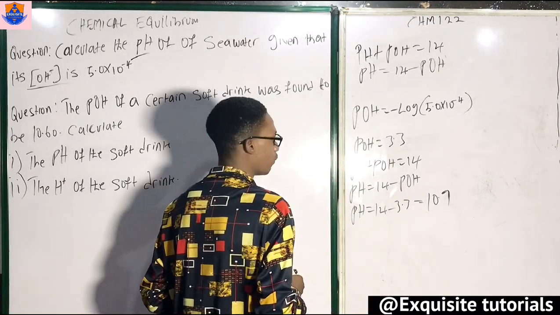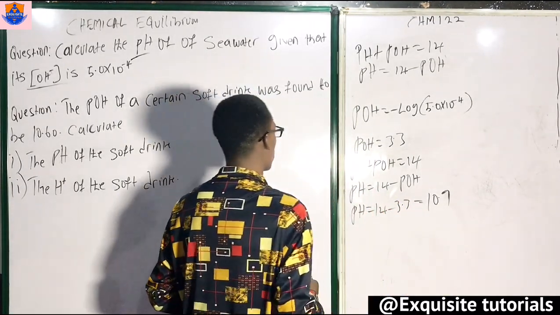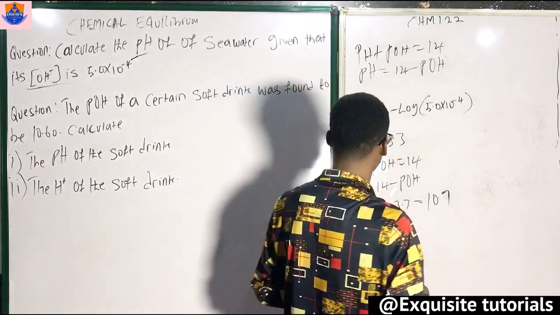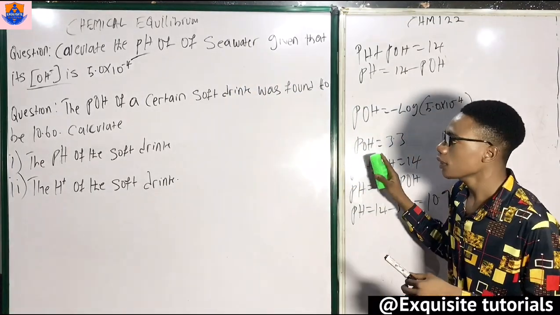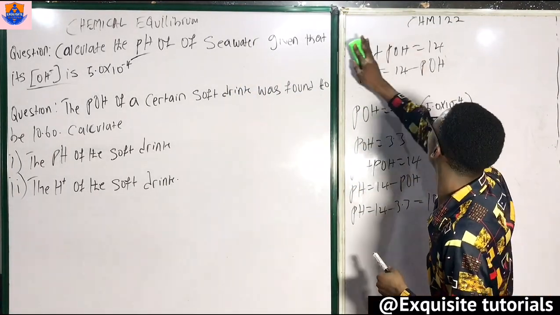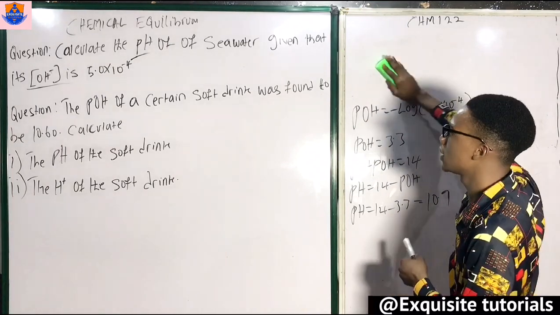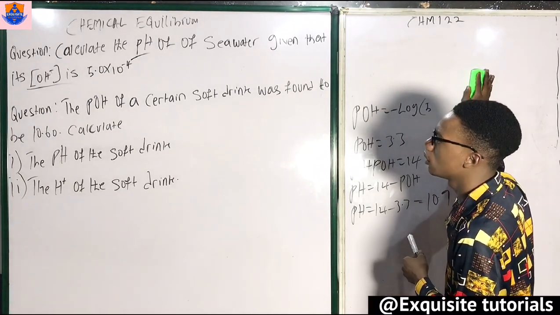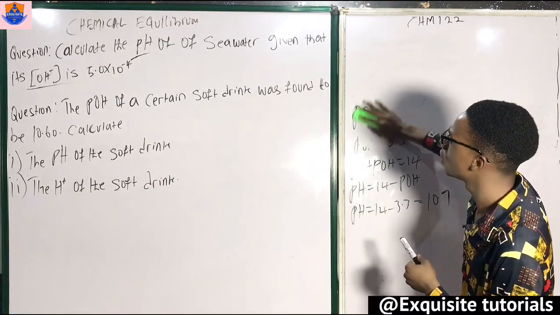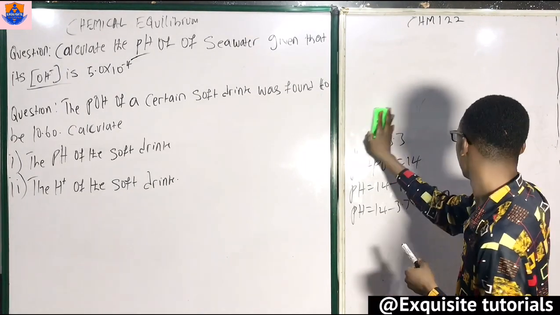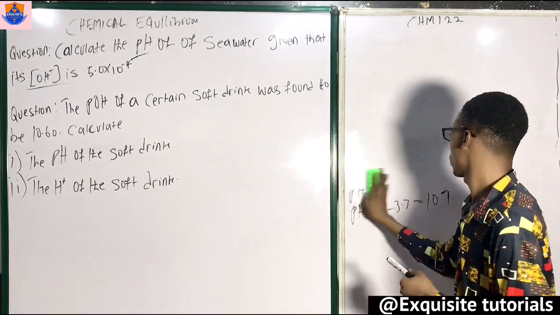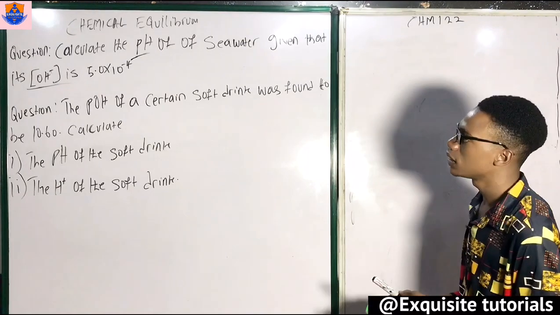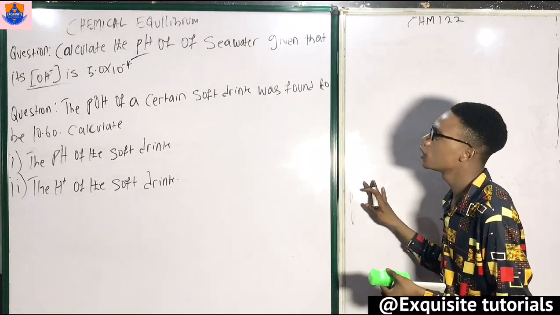So our pH value is 10.7. Alright, so now question 2, quickly. The pOH of a certain soft drink was found to be 10.6. Calculate the pH of the soft drink.